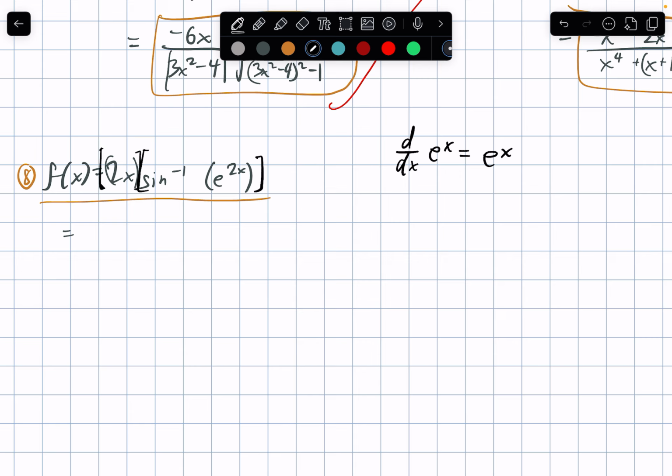And the derivative of arcsine u is equal to u prime over the square root of 1 minus u squared. Okay, good thing I memorized. U is equal to e raised to 2x. U prime is equal to, well, I guess it's also e raised to 2x. Let me just verify if that is correct. Why does it happen every time?